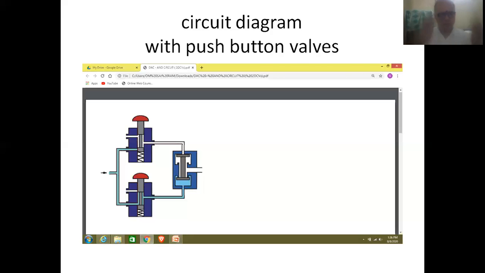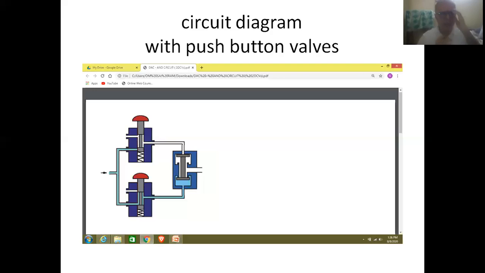So friends, the push button is used for putting the valve in first position, and spring force is used for putting the valve in second position.